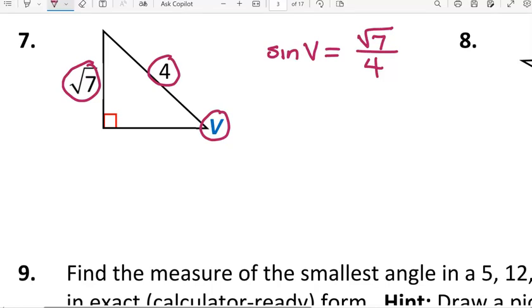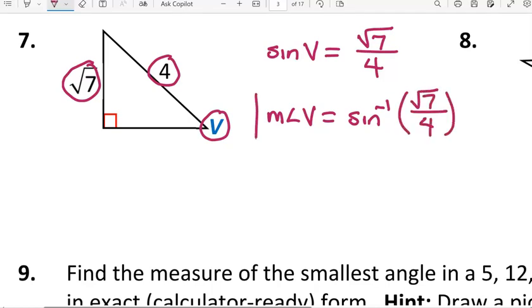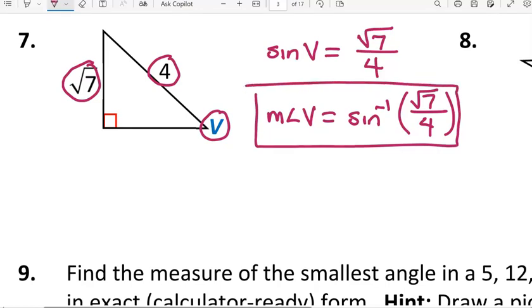It's not a multiplying relationship where we can divide. So the measure of angle V is equal to the inverse sine of the square root of 7 over 4. Make sure that you write the inverse sine on the left side of the square root of 7 over 4. Otherwise, it's not really a meaningful notation.